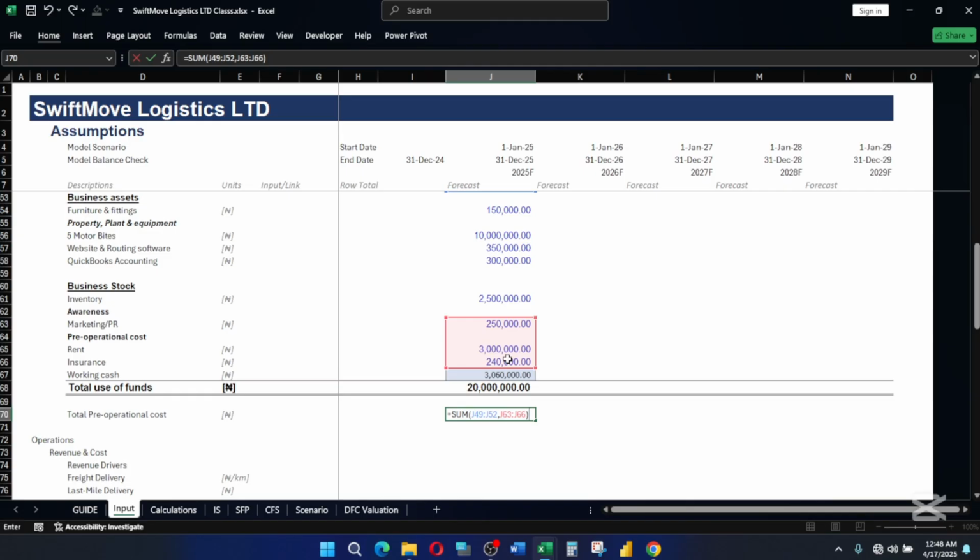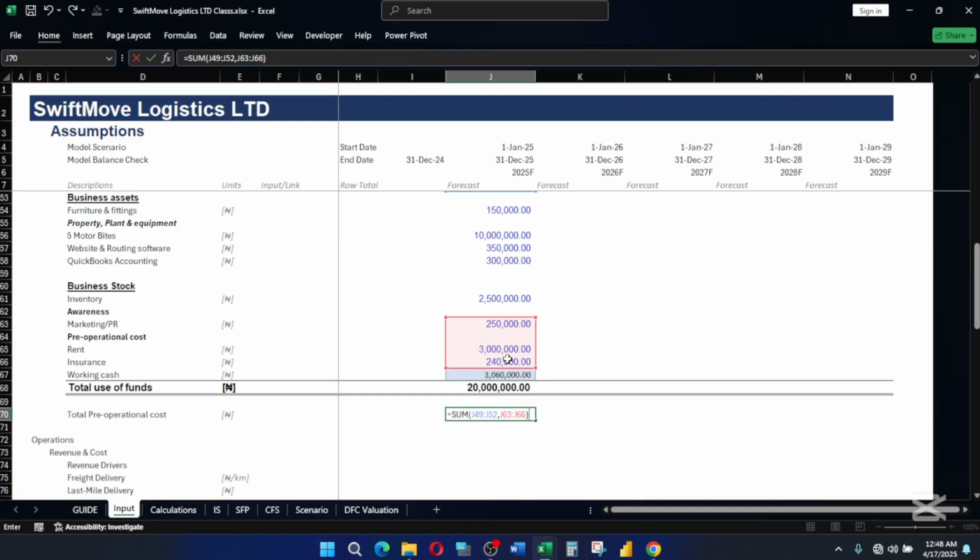Now I can also give a reason as to why some people don't include rent in the pre-operational cost. Some will say that the rent is not something they consume immediately. The rent can be used across the whole year, and it's the same thing with the insurance. I can understand why some modelers do that. But me, I want to get my total pre-operational cost, so I assume that it is going to be the total of this.